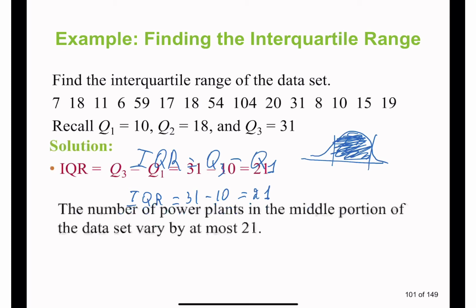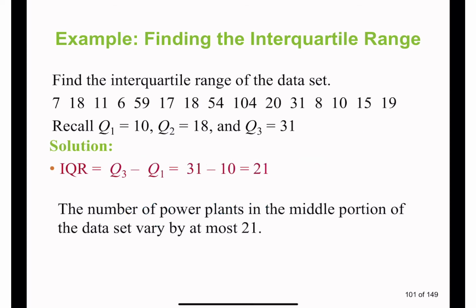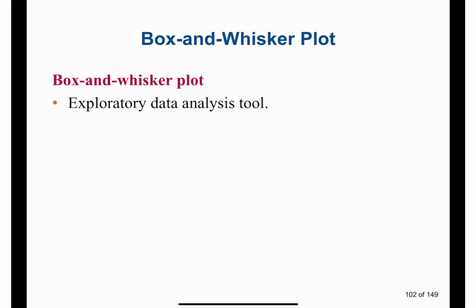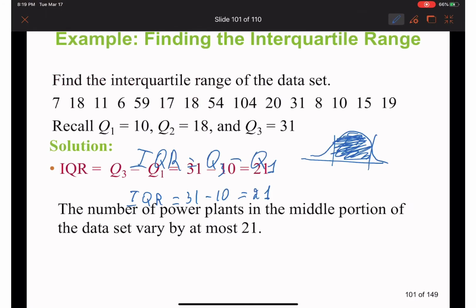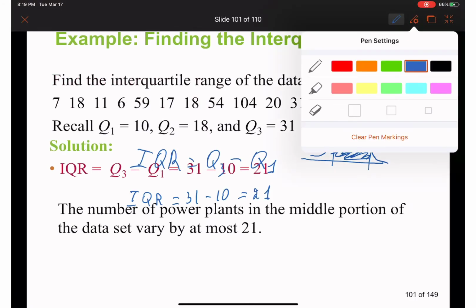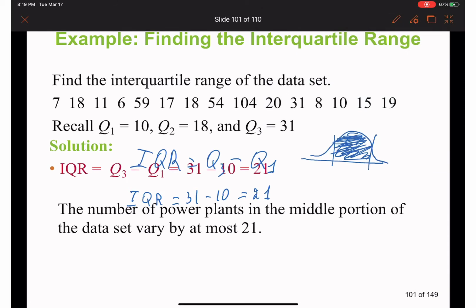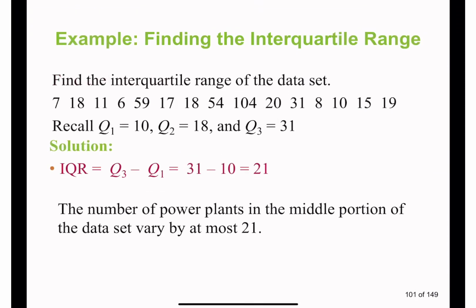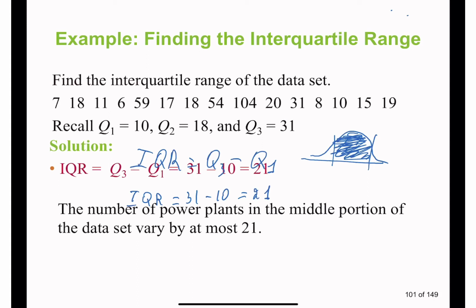Here it is. The number of power plants in the middle portion of the data set can vary at most by 21.